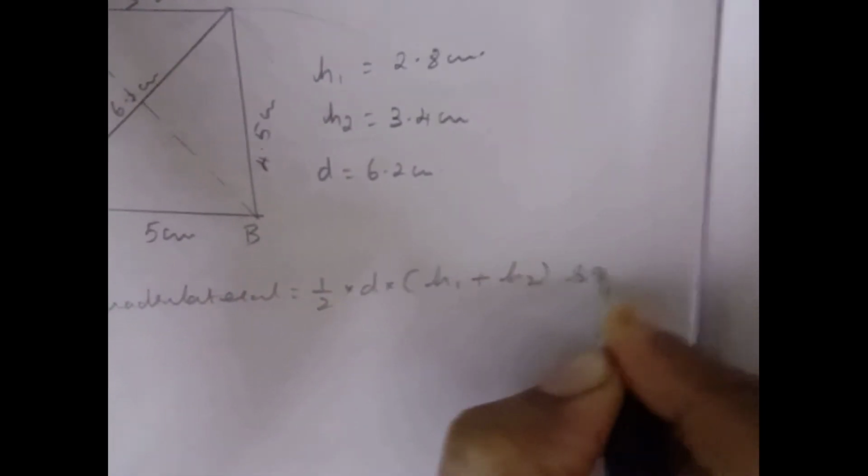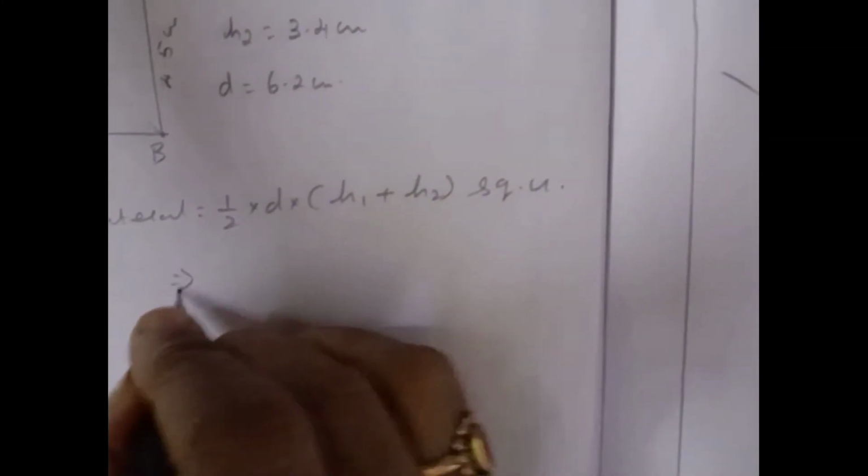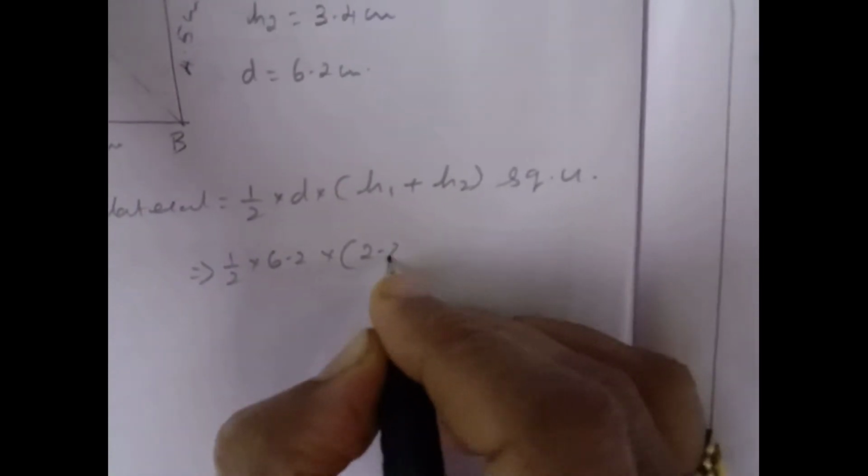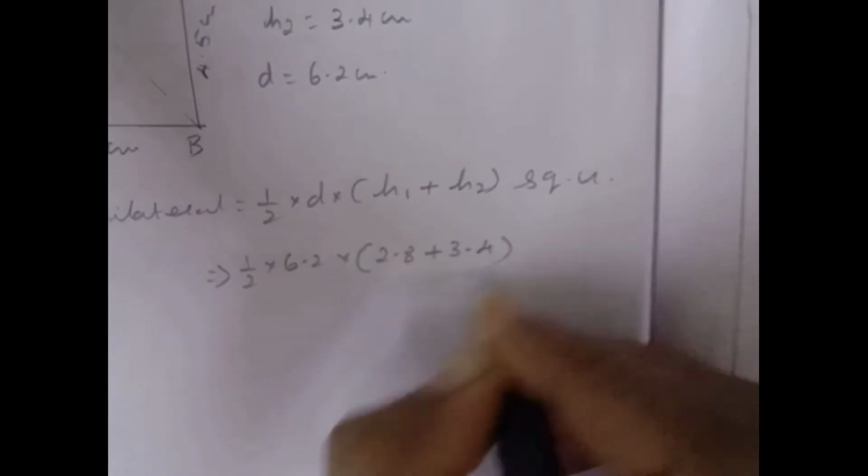Therefore, area of quadrilateral equals half into d into (h1 plus h2) square unit, half into 6.2 into (2.8 plus 3.4).